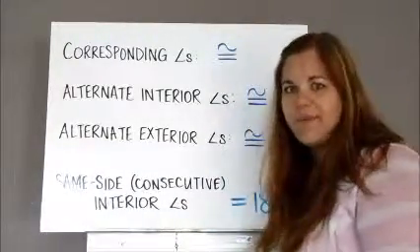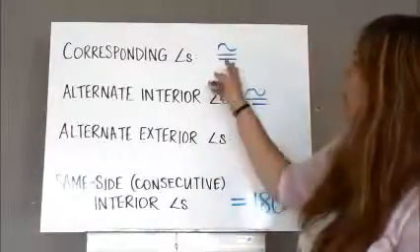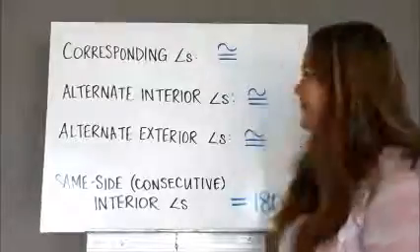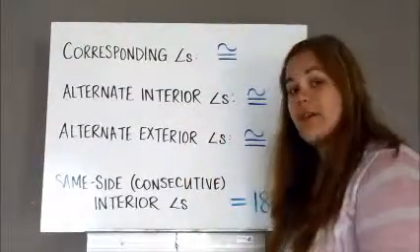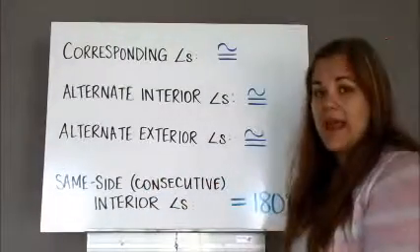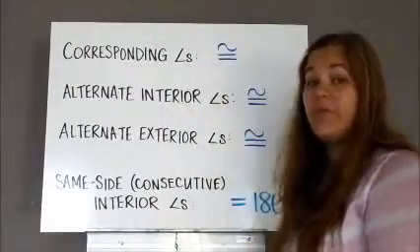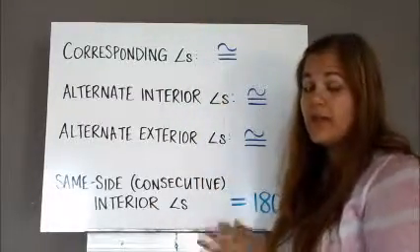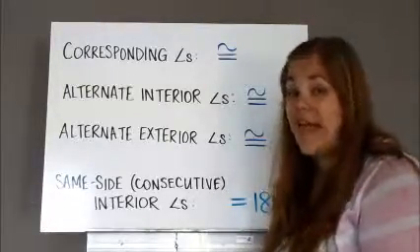Most of them are going to be congruent, and normally you can just look at them and tell. Corresponding angles are congruent, alternate interior angles are congruent, alternate exterior angles are congruent, and same side interior angles will add up to equal 180. They're supplementary. This is going to be more of what we're going to be doing further with these angles. We're still going to be identifying them, but now we're going to be identifying them based on angle measure.